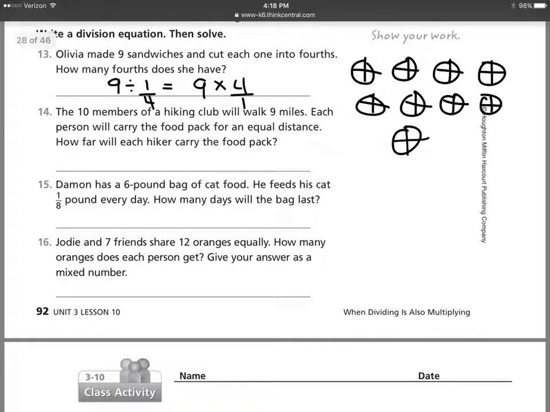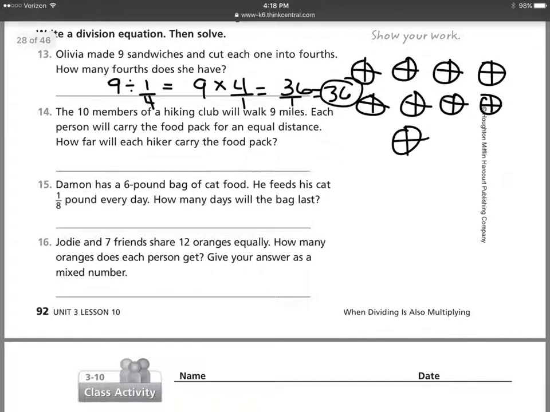Again, because our first factor stays the same, our division problem changes to its opposite, the multiplication problem. And our second factor then must be inverted, or changed to its opposite, which is 4 over 1. And 9 times 4 equals 36 over 1, which is the same as 36, which is the same as what you would get if you added up all your fourths.